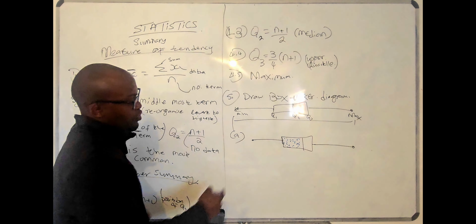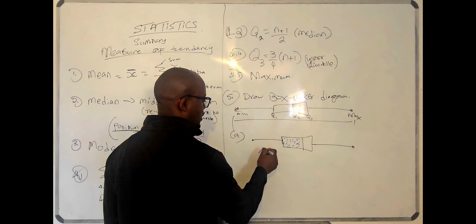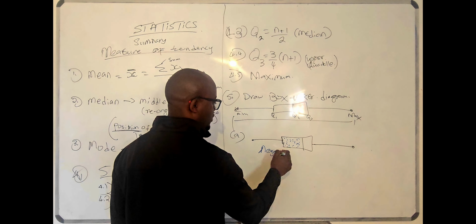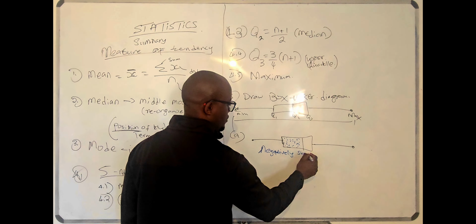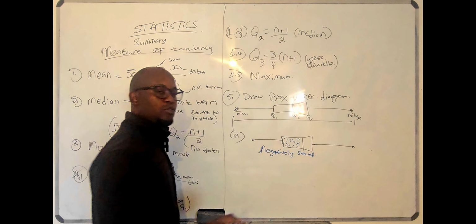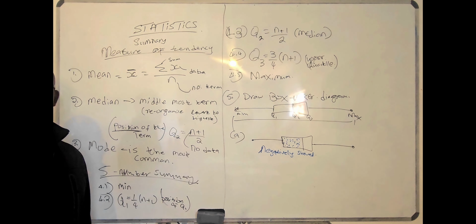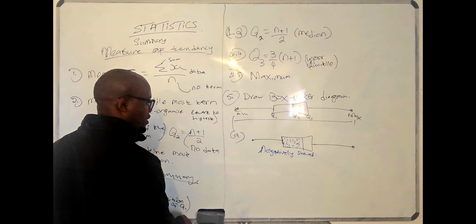So because it's on the left, it's negatively skewed. Do you say skewed on the left, skewed on the right, or just negatively skewed? Negatively skewed.